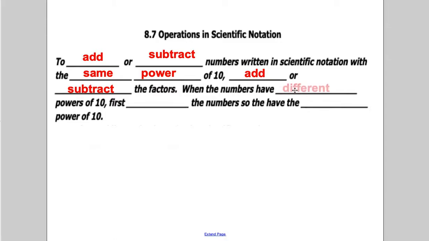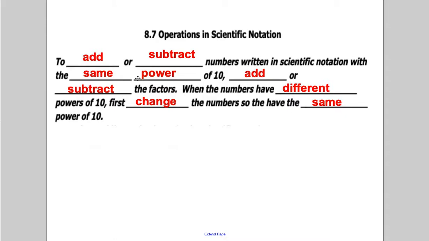When the numbers have a different power of 10, you need to change the power of 10 so they are the same. Okay, so let me repeat that. When you use scientific notation and you're adding or subtracting numbers that have the same power, whether that's 10 to the negative 4, 10 to the 2, if both numbers have the same power, you just add or subtract the factors and change their answer into scientific notation.